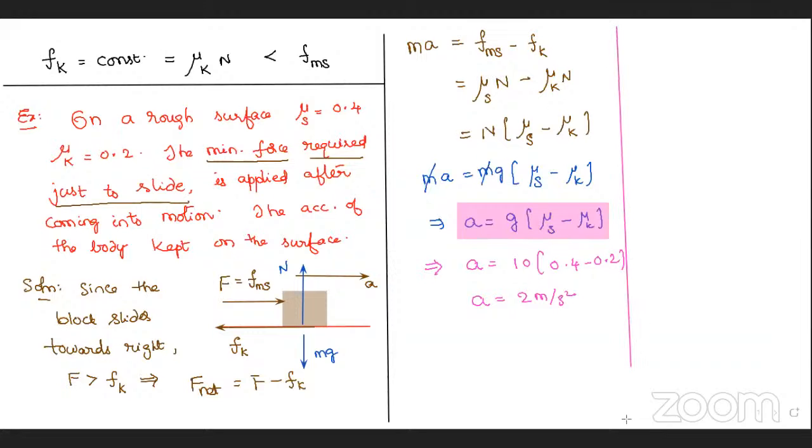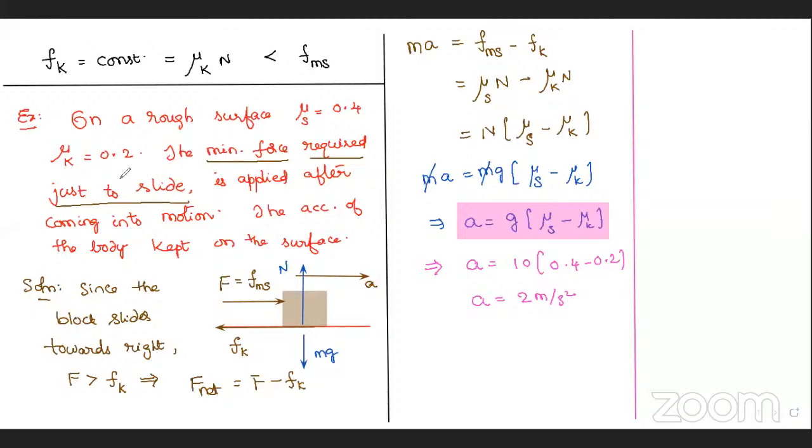So here we did not find any hiccups. Very easily we solved. But we have to understand the question properly, what he gave here. So all of you followed this one, and the shortcut also: g into mu S minus mu K. But conditions apply.